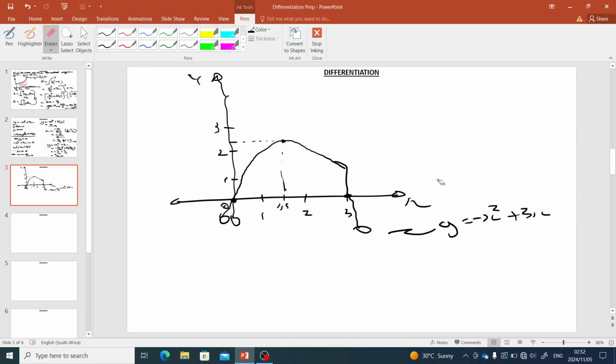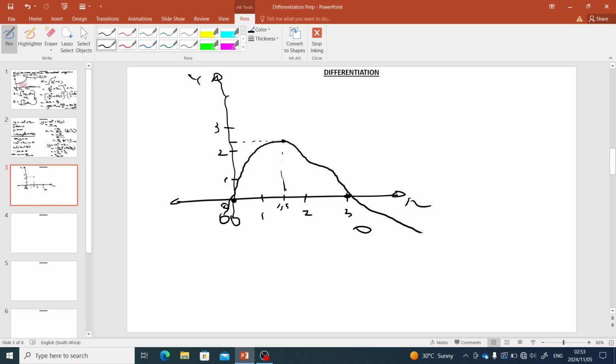Let's rewrite it. Let's wipe this one somewhere. Let's try and do a perfect job now. Hopefully it will. But good people, you can see where we are heading with this.